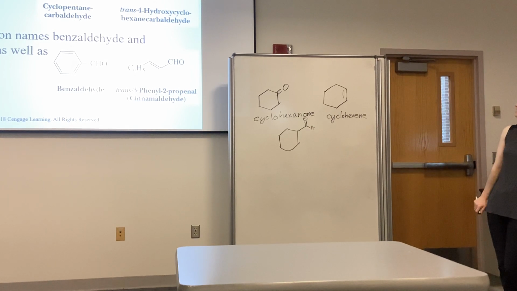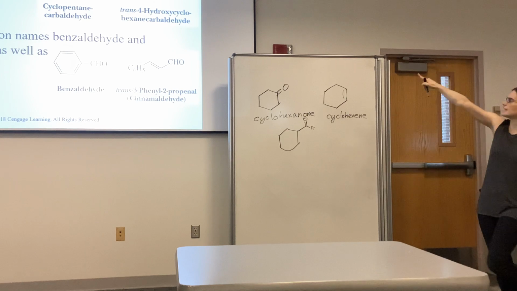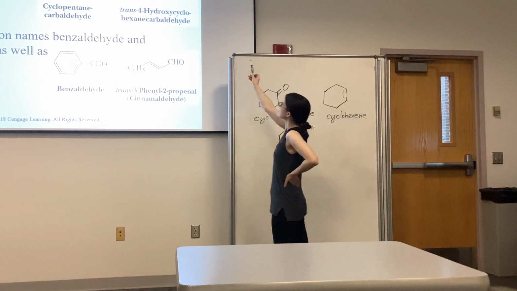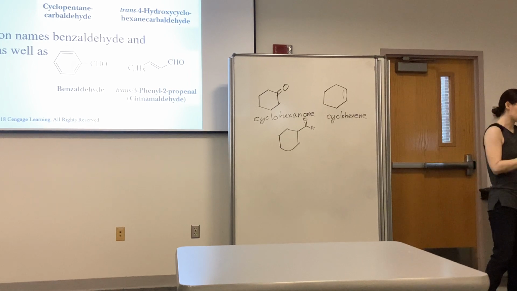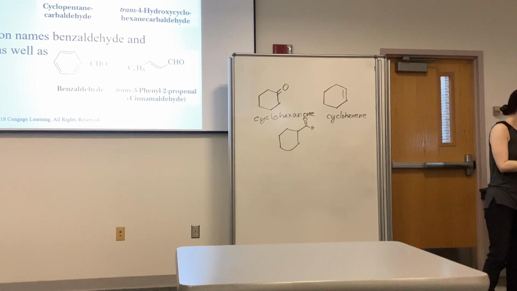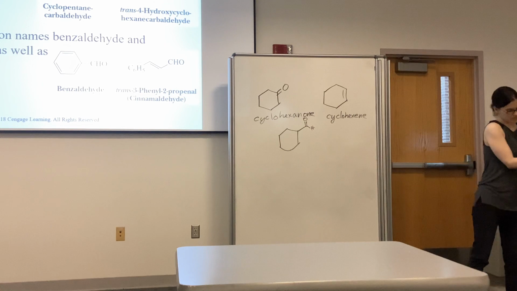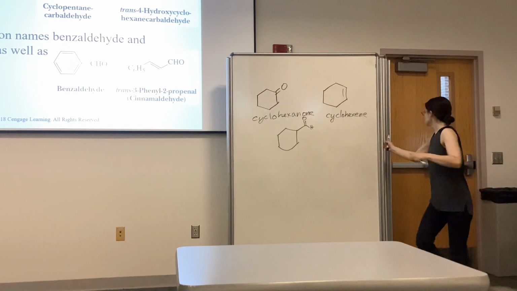In this case, carbaldehyde is our most highly prioritized functional group, right? So in either case, we're not numbering the carbaldehyde because we're assuming that's 1. And if we've got something else that we have to number, like up here, we have to say the number for the other thing. But we assume that the most highly prioritized is still a 1.